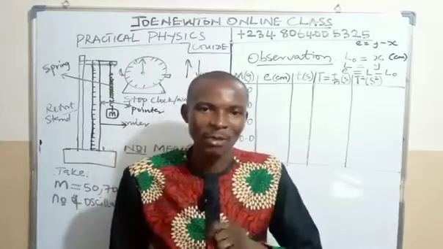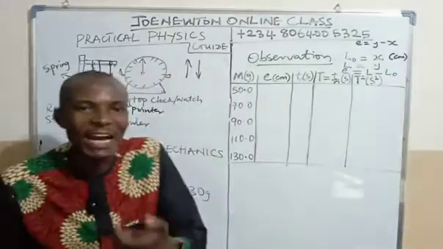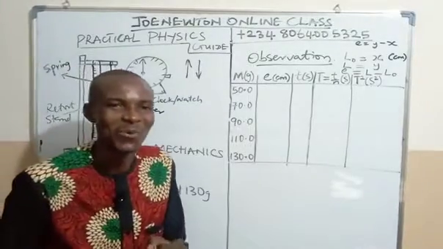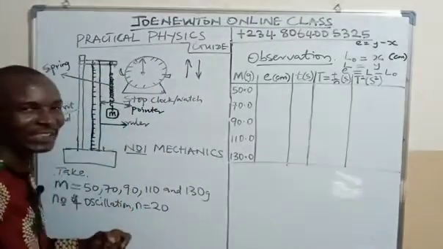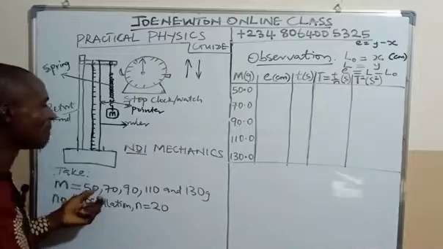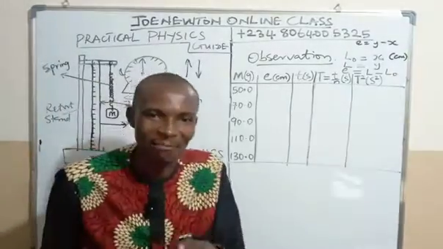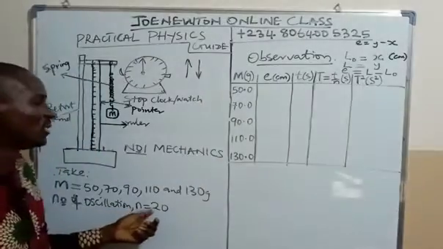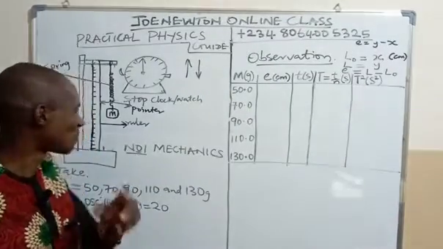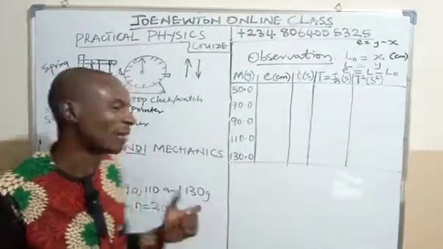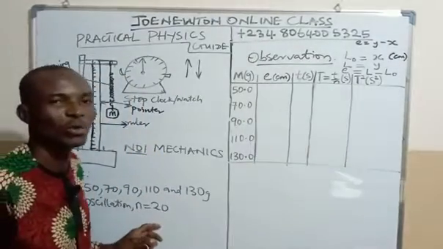But the bigger the load, the mass, the slower the oscillation. Which means, what does it imply practically? When you suspend a 50 gram mass, there is a tendency that it will take less time to reach these 20 oscillations. When you suspend 70 gram, it will take more time than that of 50 gram to reach 20 oscillations.